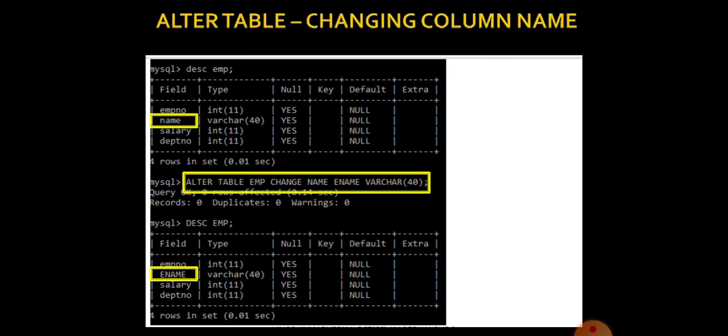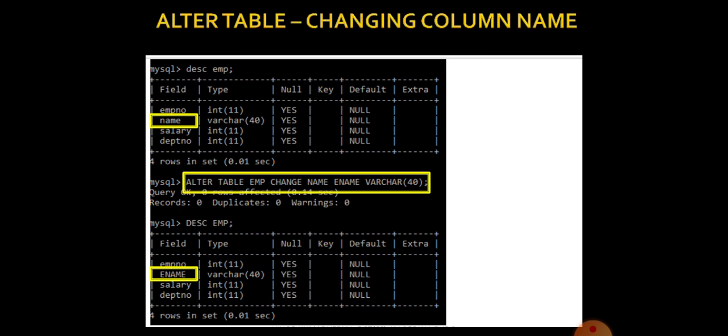Coming to the next one, that is changing the column name. If you want to change any column name, here I changed a column name into ename. What is the clause I have to use? Change. What is the syntax for it?